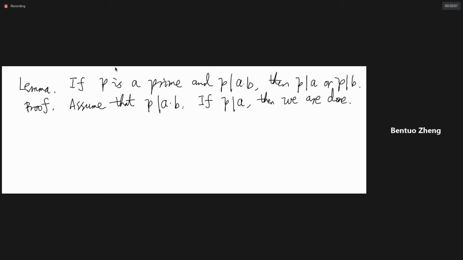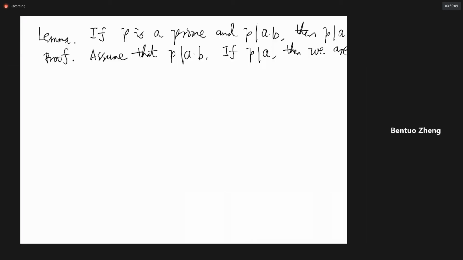So we only need to focus on the case when P does not divide A. This notation means P does not divide A; I put a bar on this divides notation.